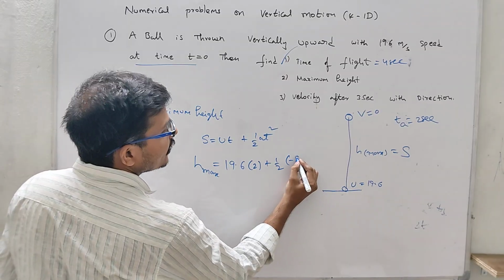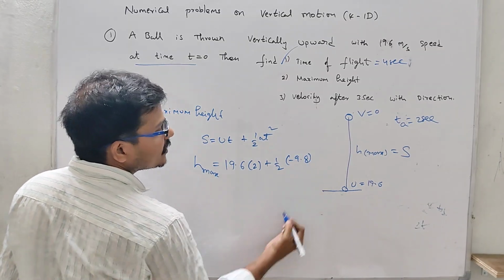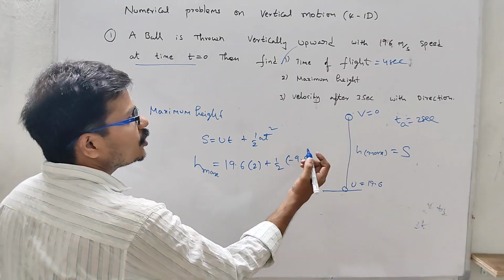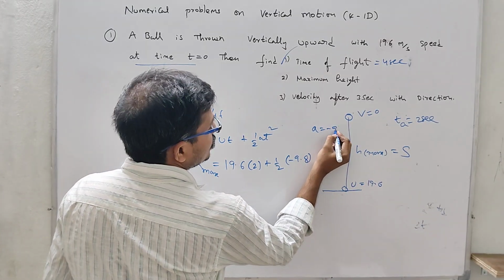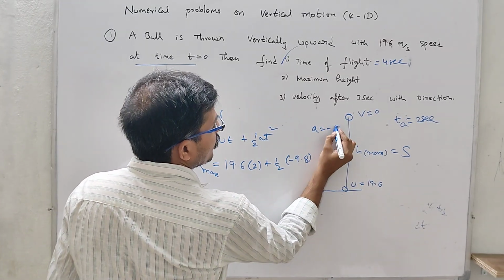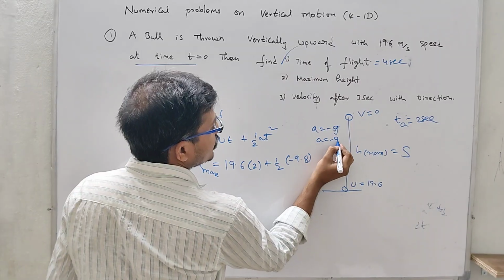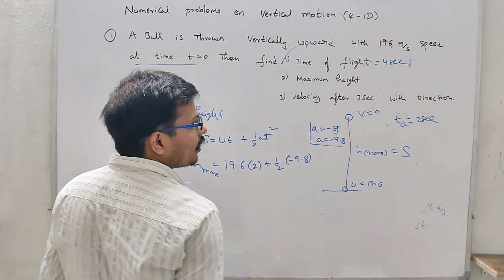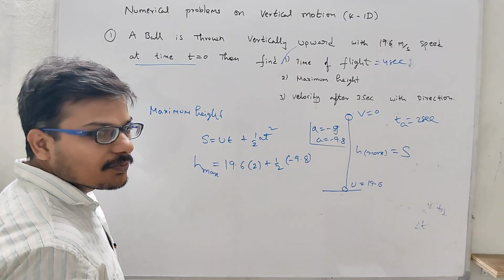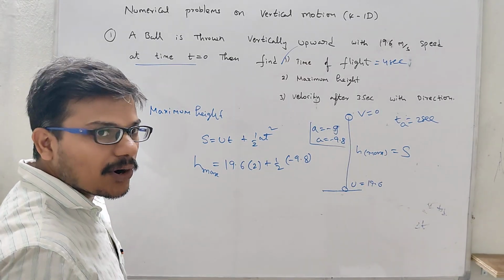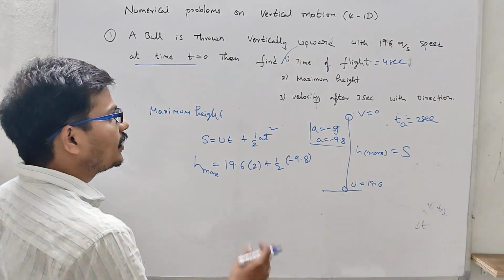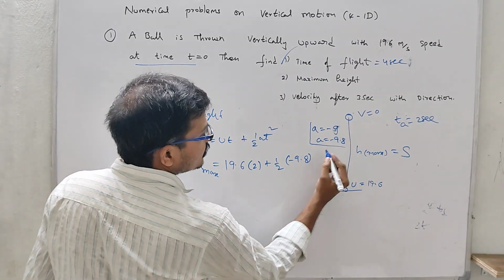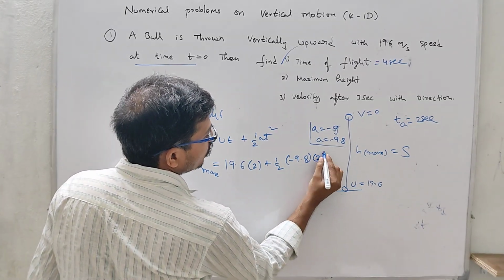So I am taking t as 2, and the acceleration is minus 9.8, because a should be minus g. 10 is approximate, but our question is in decimals, so I choose 9.8. Here t is 2 seconds, so 2 squared.